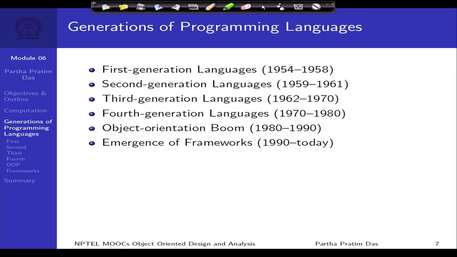Programming in high level languages started somewhere in the early 50s, and the first generation started from 1954, and different generations have passed, and we will just quickly take a look as one set of languages evolve from one generation to the next, what has significantly happened in terms of the language and the computation model.